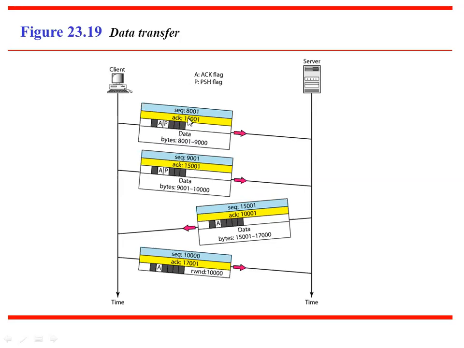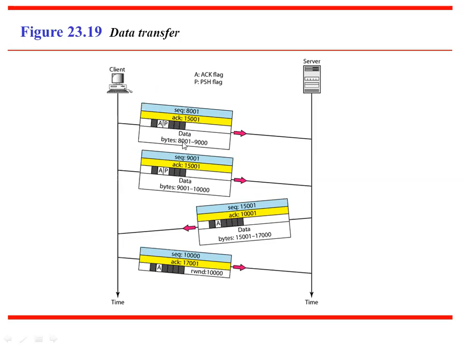So the client is sending acknowledgement also for the packet which the client received previously. The sequence number, as I already said, is 8001, which is the number of the first byte in this packet. It is also sending the acknowledgement, which is 15001, for which the acknowledgement flag is set.